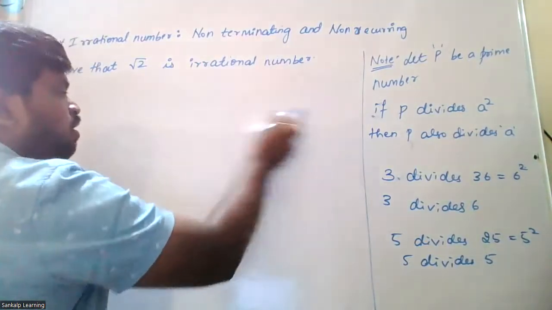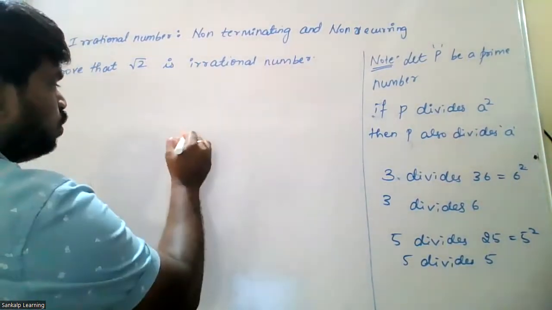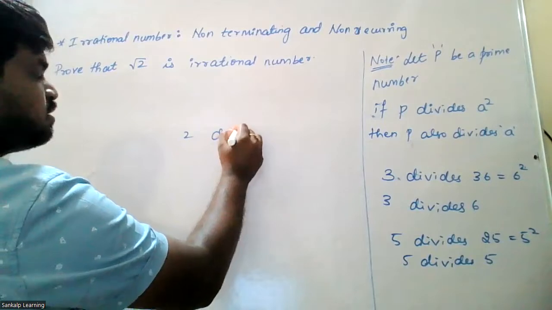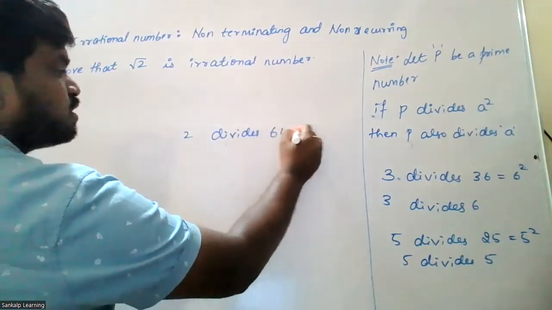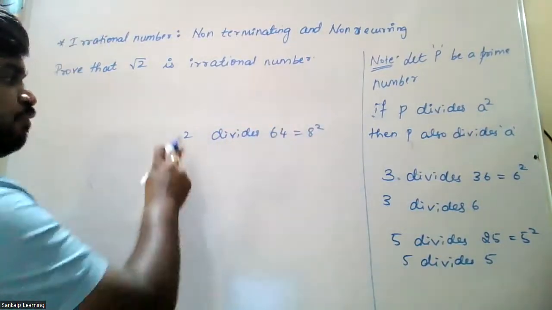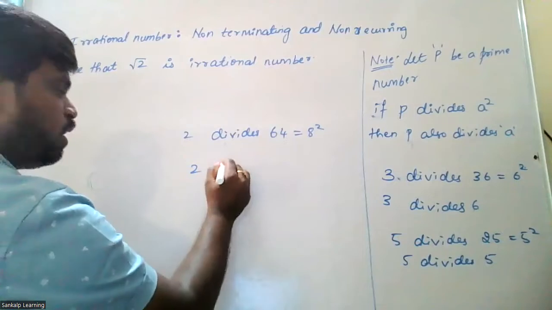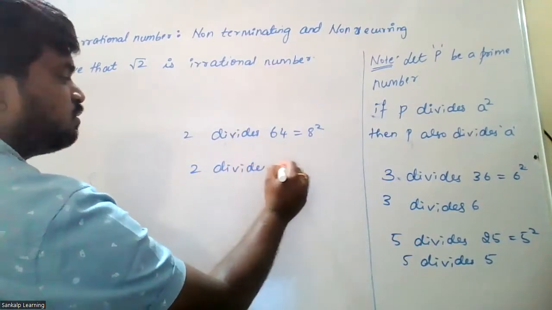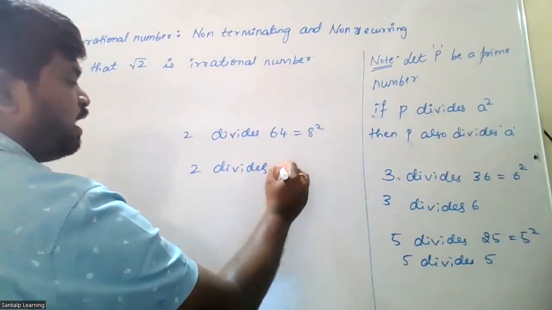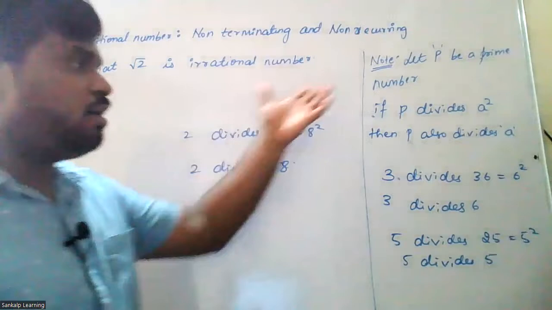Or let's take 2, a prime number, which divides 64. 64 is nothing but 8 square. If 2 divides 8 square, 2 will also divide 8, isn't it? 2 divides 8.